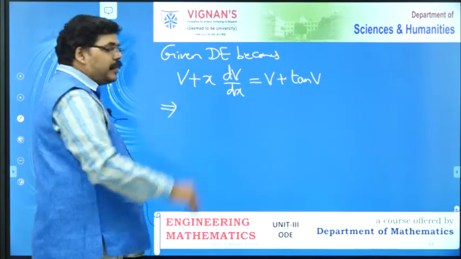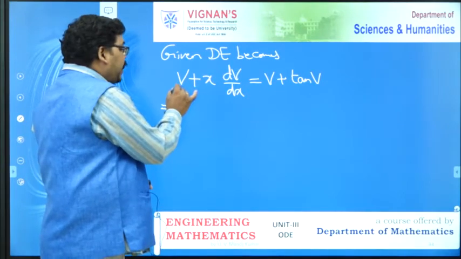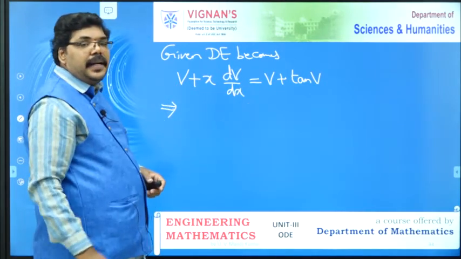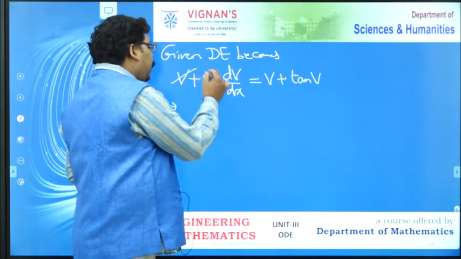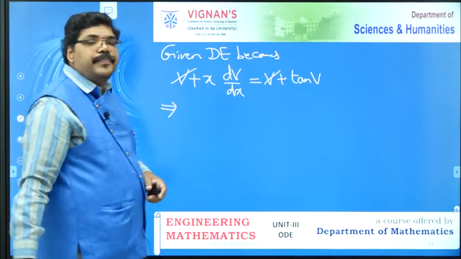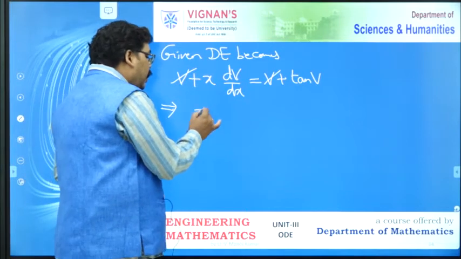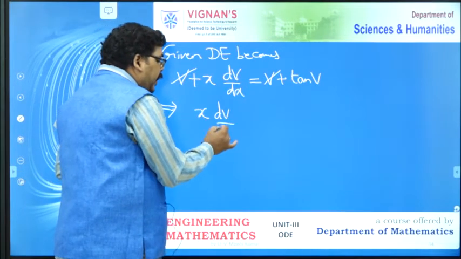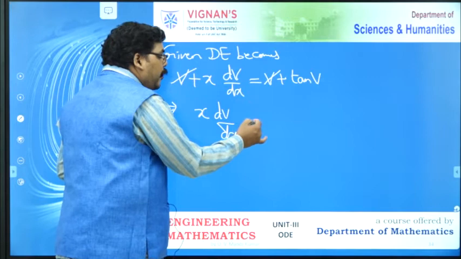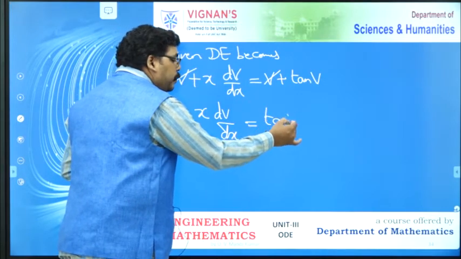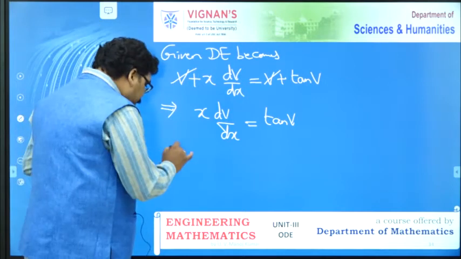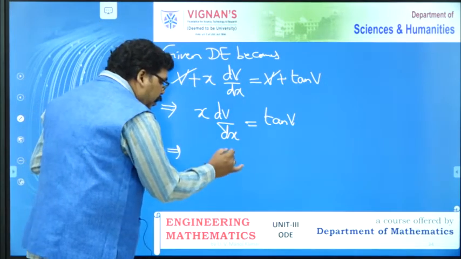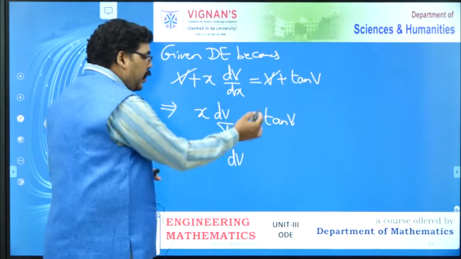So simplify this. If you bring this plus v to the other side, it becomes minus v. Plus v minus v cancels. So what remains? x into dv by dx equals tan v. Now separate the variables. dv should be here.